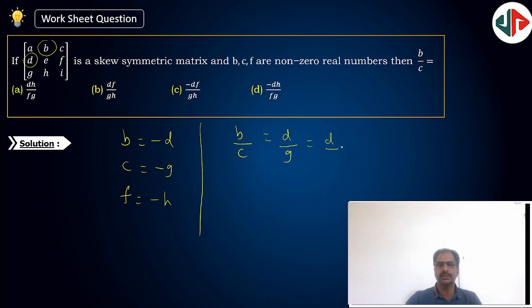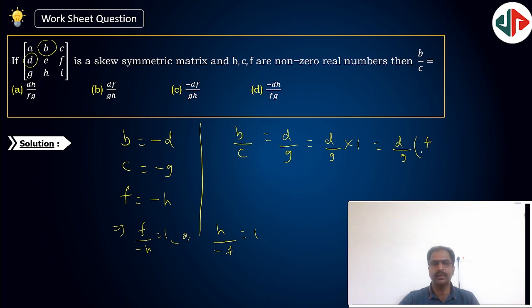That can be written as D by G into 1. That 1 is nothing but F by minus H, or H by minus F. So in place of 1, I can write F by minus H. In that case the answer will be minus DF by GH, or in place of 1 I can write H by minus F also.